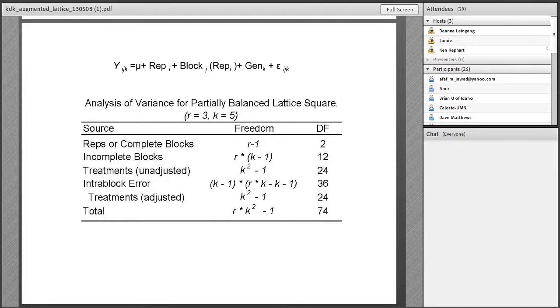And so if you were to analyze a partially balanced design, you would see an analysis of variance laid out that looks something like this, where your source of variation is going to be reps, or complete blocks. That's what these represent here. The incomplete blocks, and those are incomplete blocks within the reps. You would analyze the treatments, the genotypes, unadjusted for any spatial variation in the experiment, and that's required because then your residual is what makes up the interblock error in this analysis.